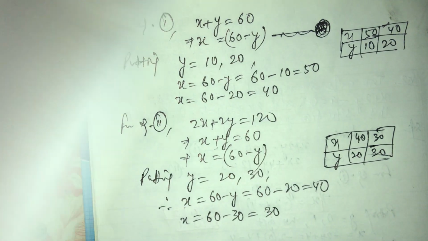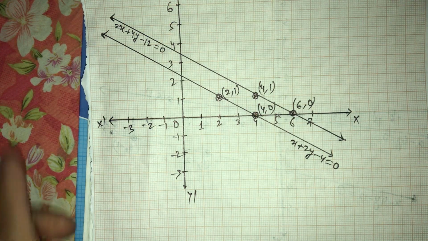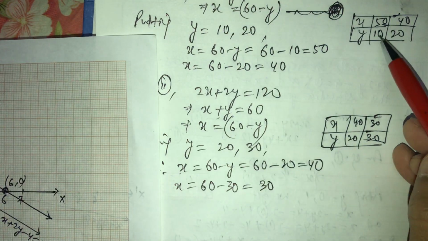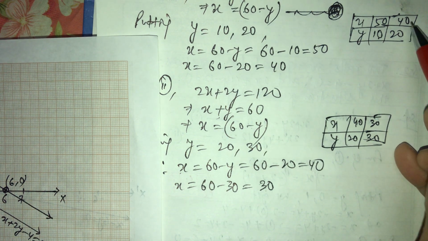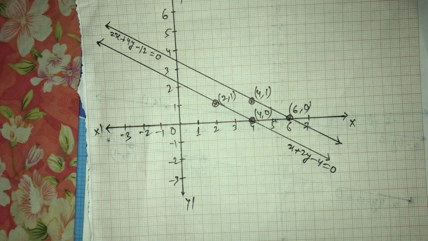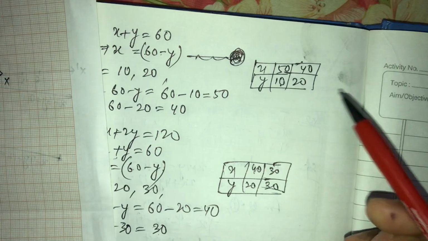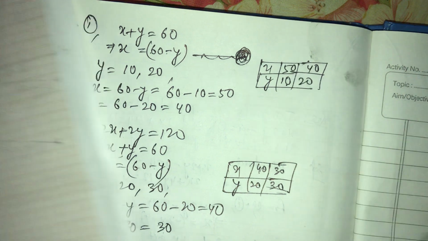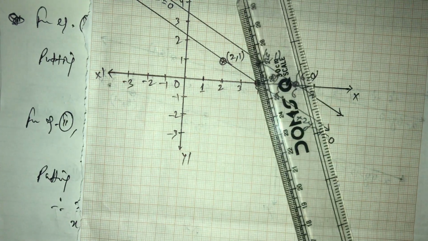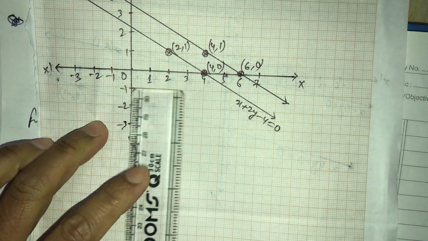Okay, let's plot the graph. So the first table, we have 50, 10, 40 and 20. Let's plot this. If you see here, the maximum value we have is 50.